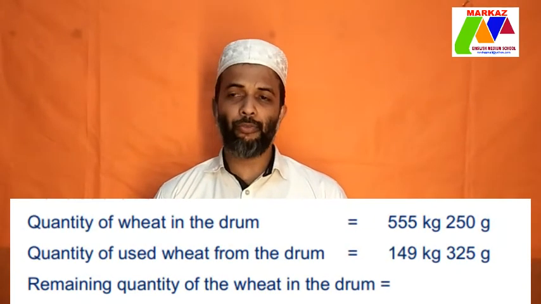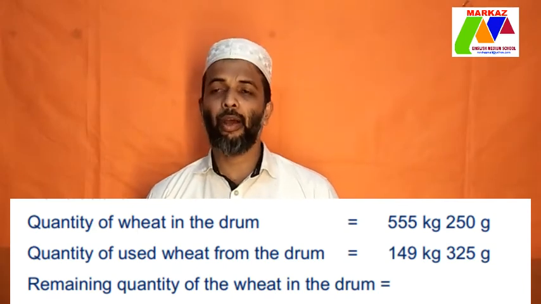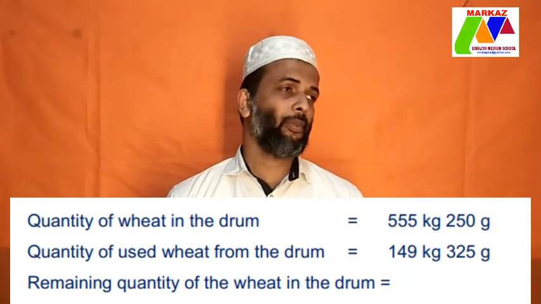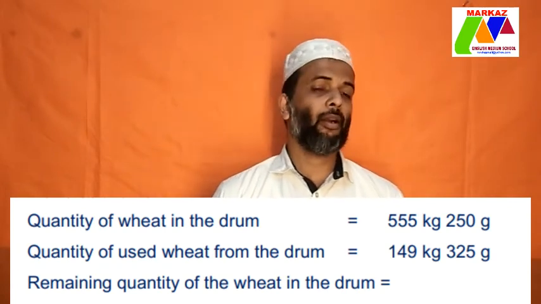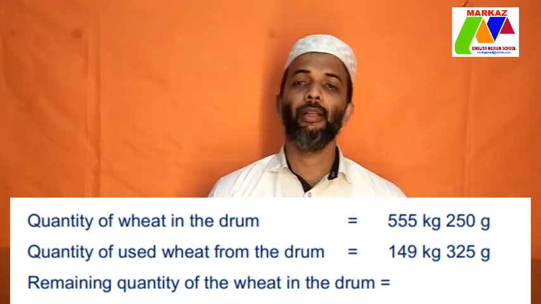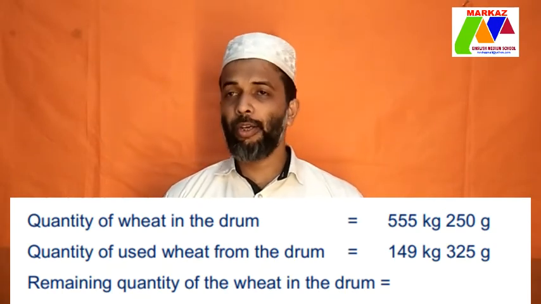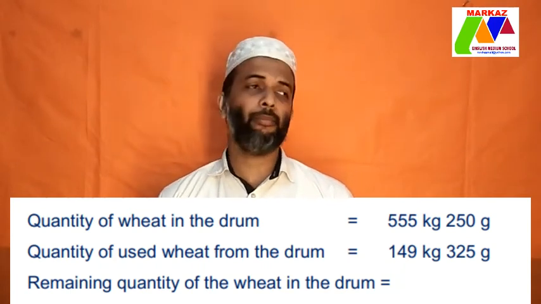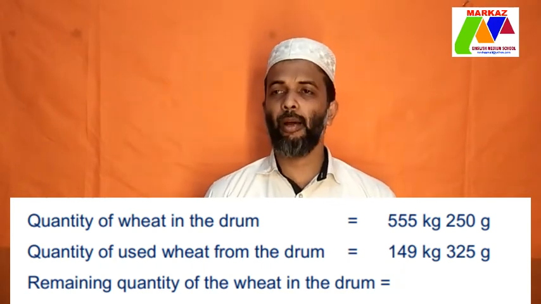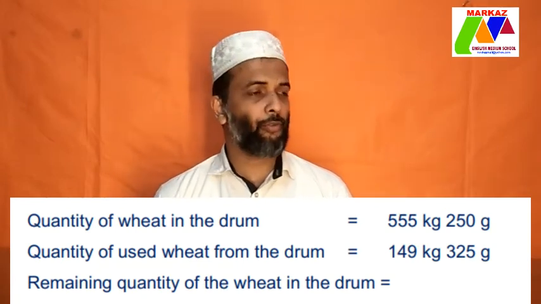Third statement: remaining quantity of the wheat in the drum is equal to 555 kilogram and 250 gram minus 149 kilogram and 325 gram. Move to your working column and subtract 149 kilogram 325 gram from 555 kilogram and 250 gram.